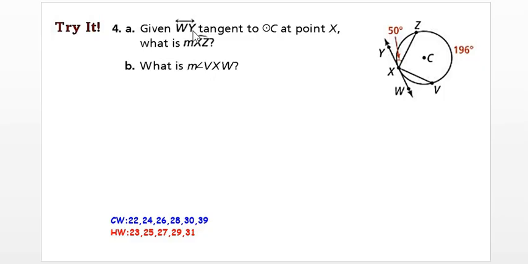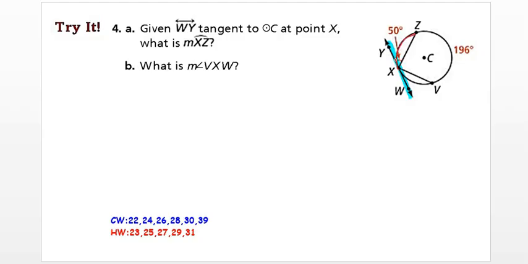It says, given that WY is tangent to the circle C at point X, what is the measurement of arc XZ? Where is XZ? So this is XZ, they are talking about this arc.